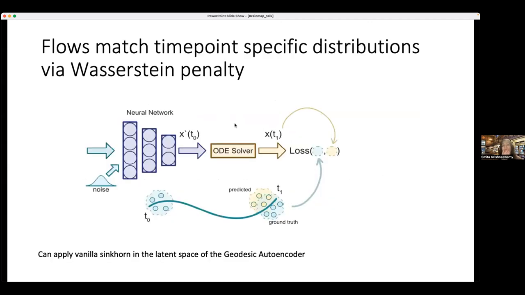So what this allows us to do is take time point 0 and come up with a flow for it such that at time point 1, at a population level, it matches this other population. And then we penalize these two populations with optimal transport, so with the multi-scale ground distance, which is an optimal transport distance.